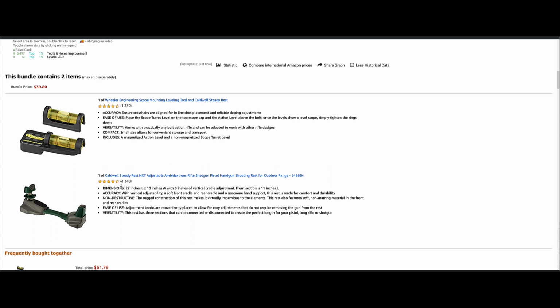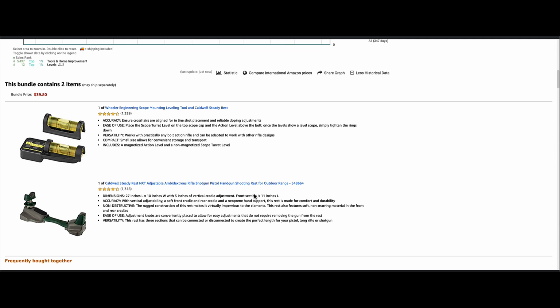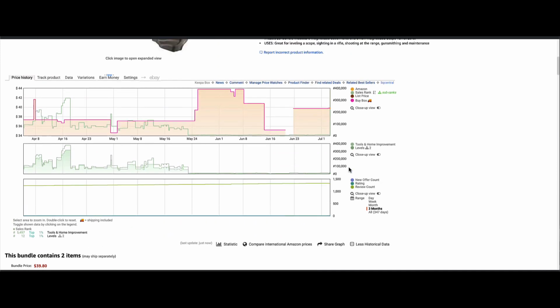And this is, oh no, this is the scope mounting level tool. And this has to be the rest, okay? This bundle contains 2 items. That's interesting. I can't remember ever seeing this before like this. Somebody is selling a bundle.